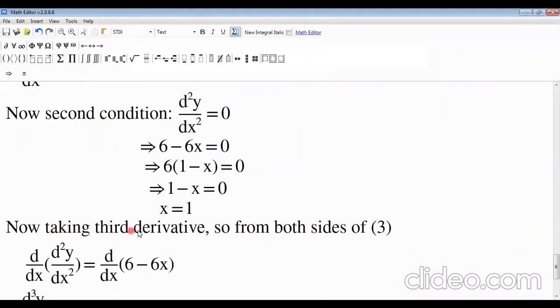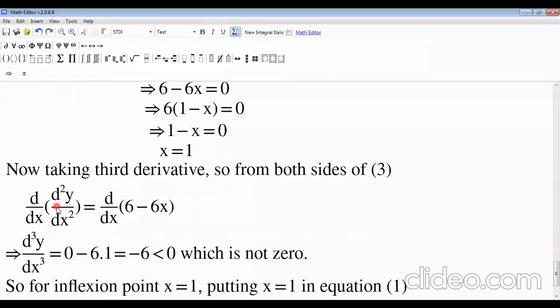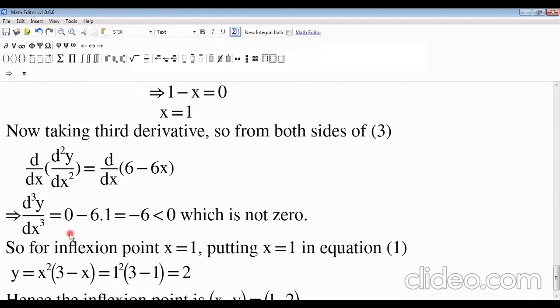So now again taking the third derivative, taking d/dx on both sides of equation 3, we get d³y/dx³. The differentiation of 6 will be 0 by the constant rule, and the differentiation of x is 1. So it is minus 6 only. It is not 0, that means negative.